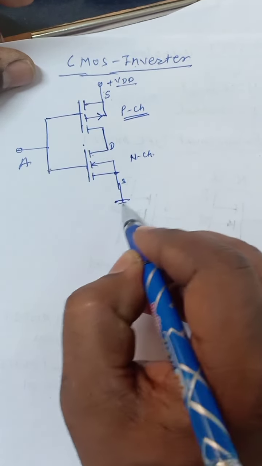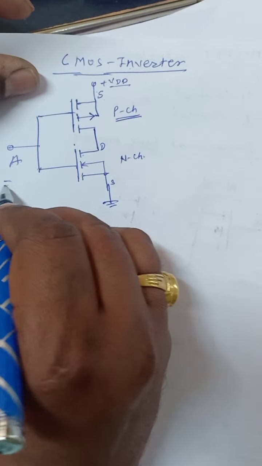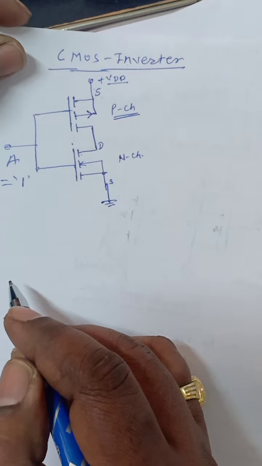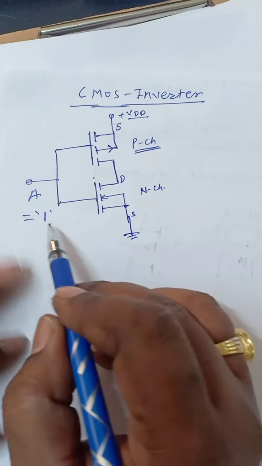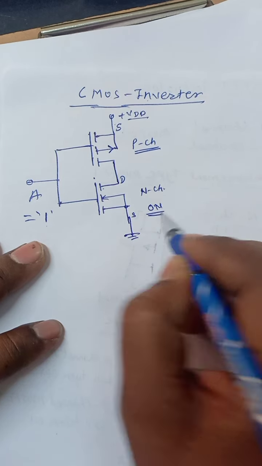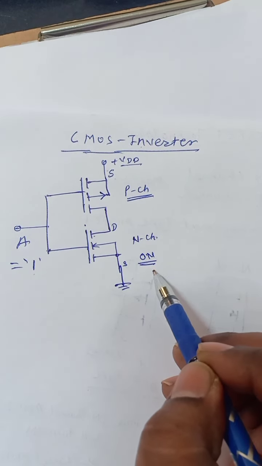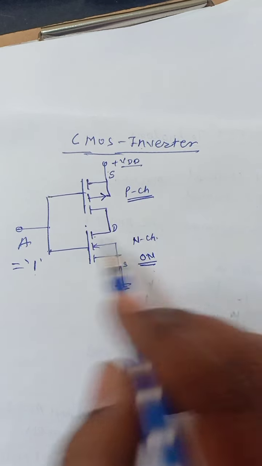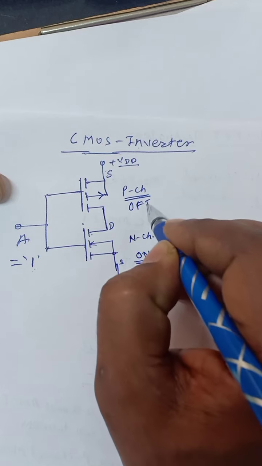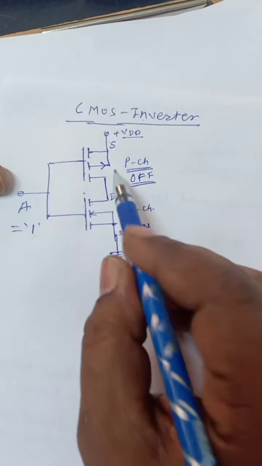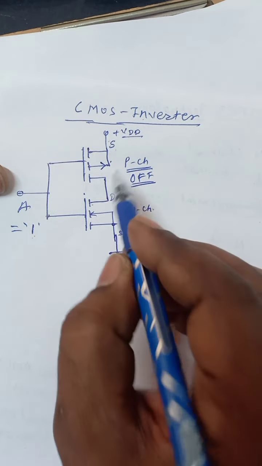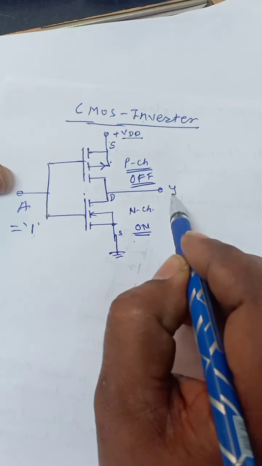As we apply a higher potential, one state, you very well know that it will turn on the N channel, and this higher potential will turn off the P channel. Off means it offers high resistance, while the on transistor offers low resistance, and you observe the output Y here.